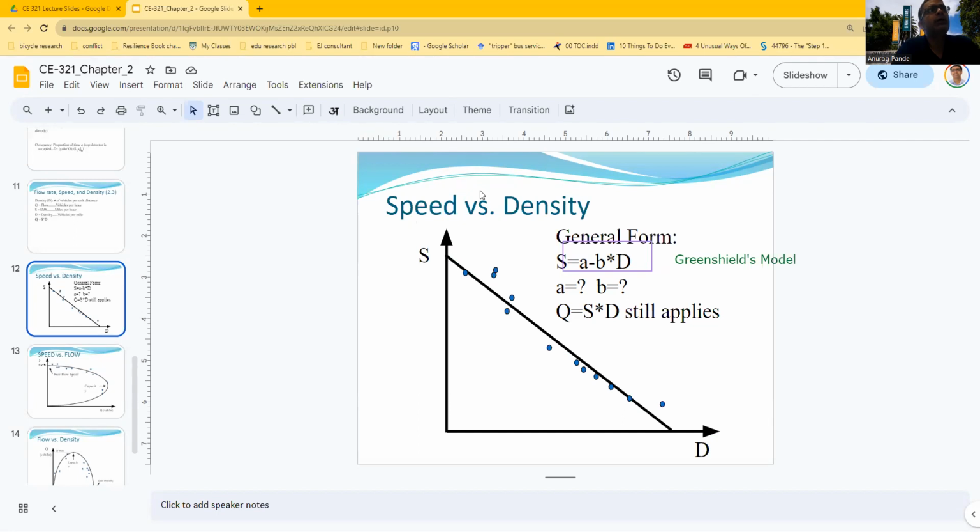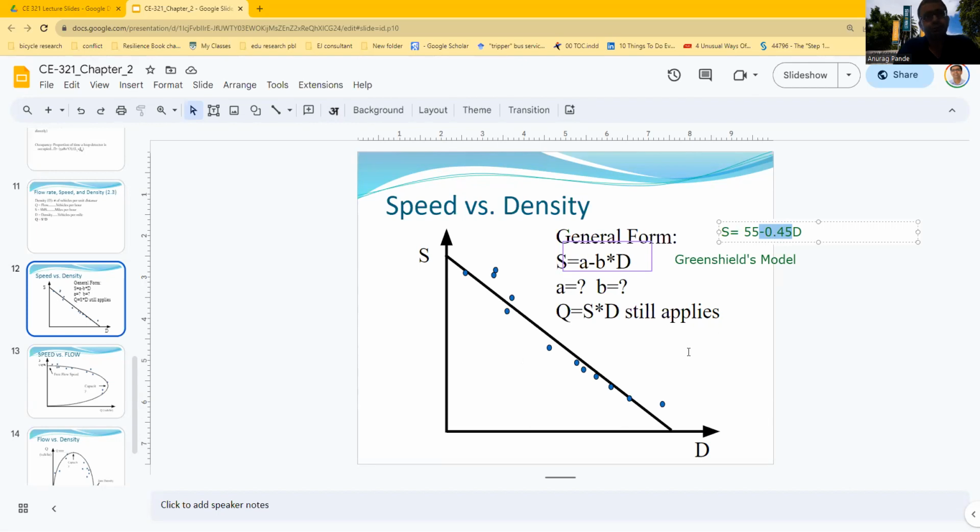The equation of this line is given to us as 55 minus 0.45 D. So your speed is equal to 55 minus 0.45 D. Now, that's what's given to us. And you can see that it has a negative slope here because D is the x-axis variable and the coefficient of x is the slope of a line. I hope you know that from your Algebra 1 discussion.